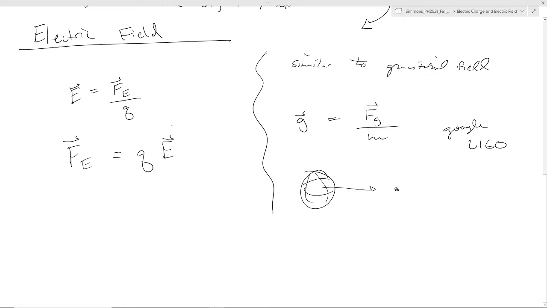I'll put a different letter, Q, just to distinguish between the test charge and the charge that you're interested in, the effect on the Q that you want to examine. So let me give you some examples.